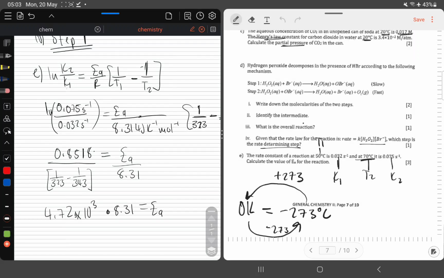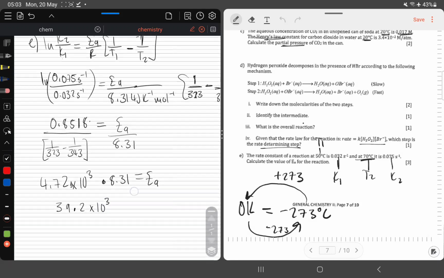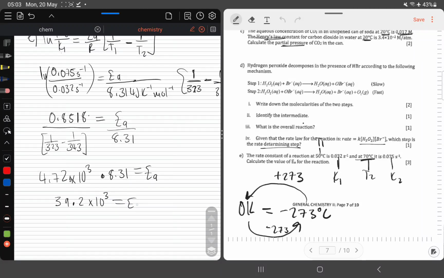So 4.72 times 10 to the power of 3 times 8.31, I would get 39.2 times 10 to the power of 3, that's my EA, which I could say is 3.92 times 10 to the power of 4.